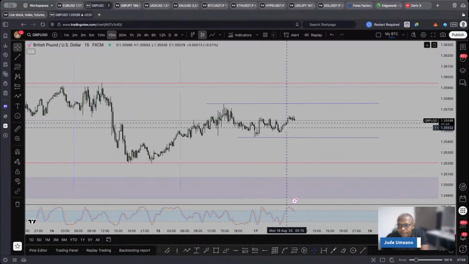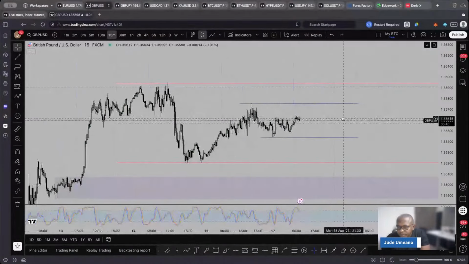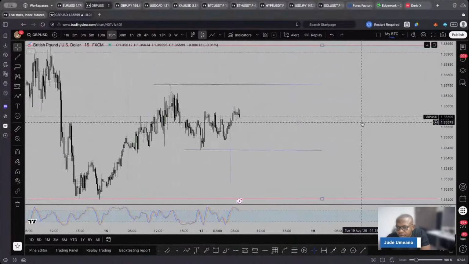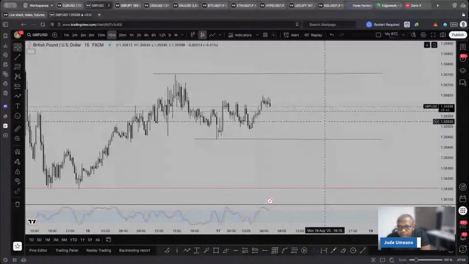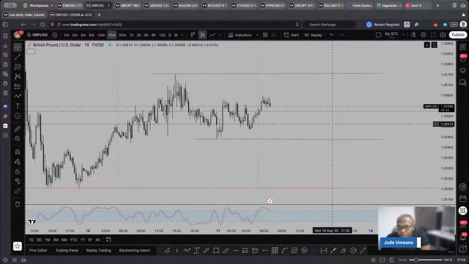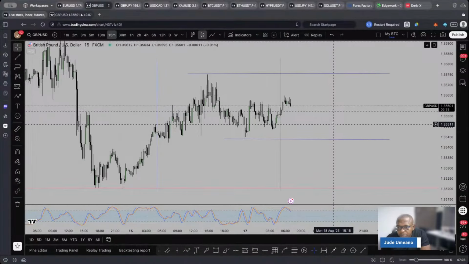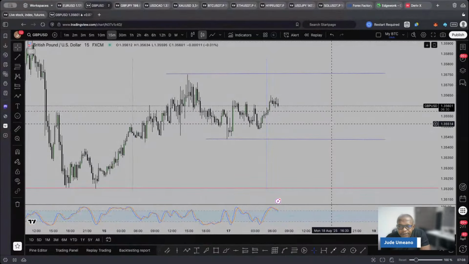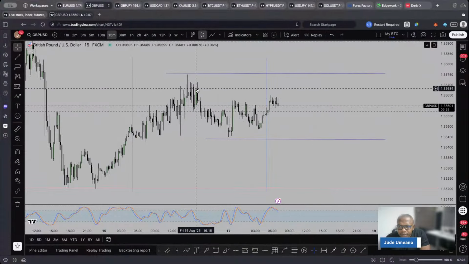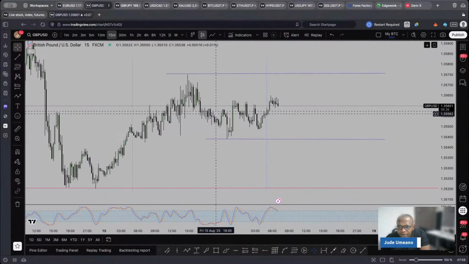On the 15 minutes, what can we see? So I'm going to maintain pretty much the same thing on the 15 minutes because we have efficiencies here.